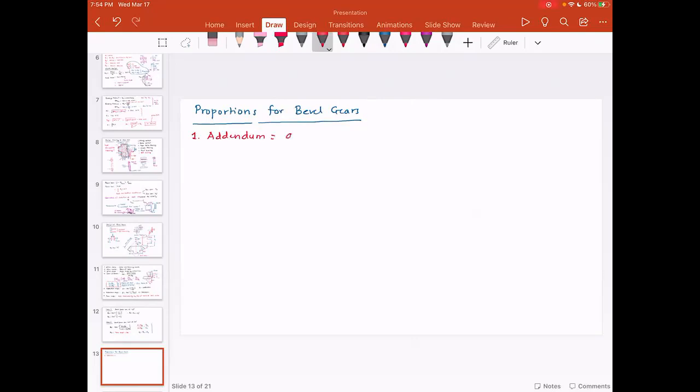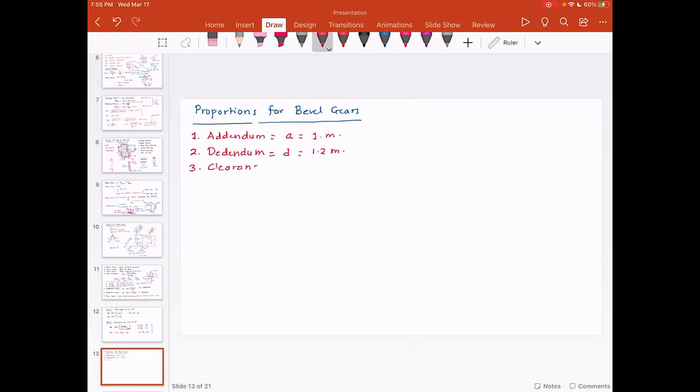Addendum is given as A is equal to 1 times module. Next one, dedendum is equal to D is equal to 1.2 times module.